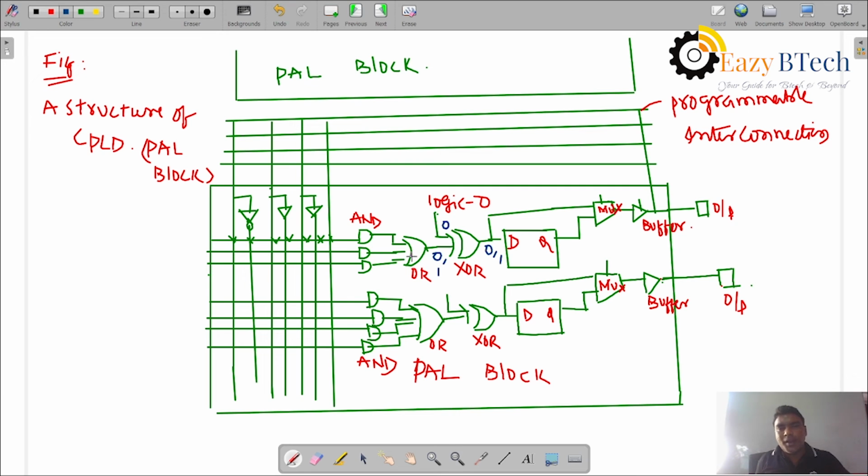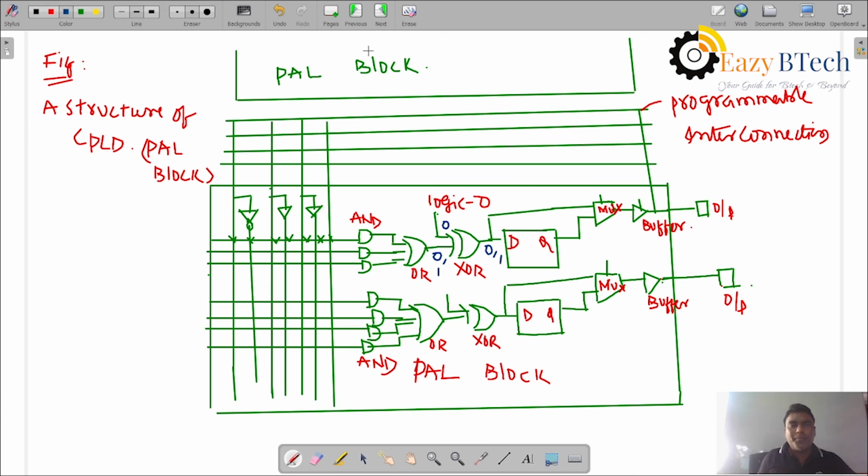The data goes to the D flip flop, which stores it. The multiplexer selects either the stored data or the direct data. Then the buffer is connected to the output or input connections.